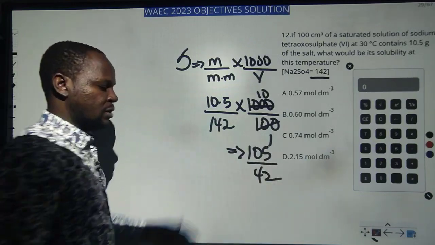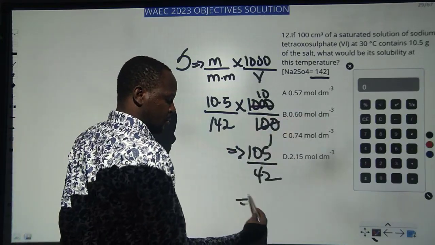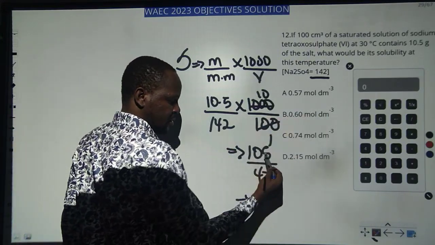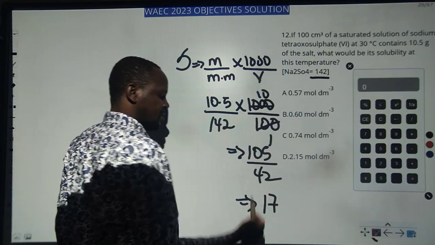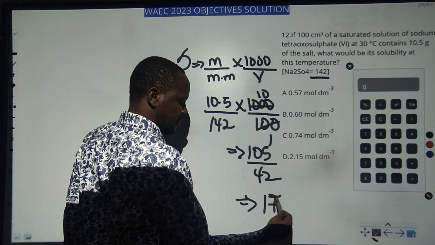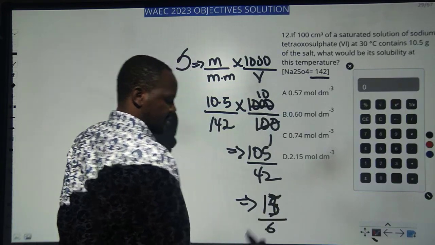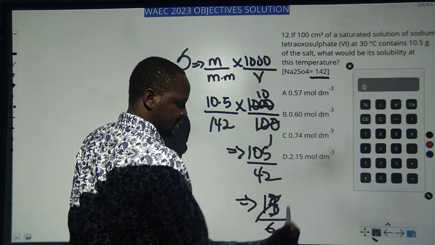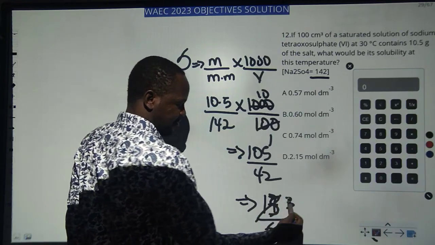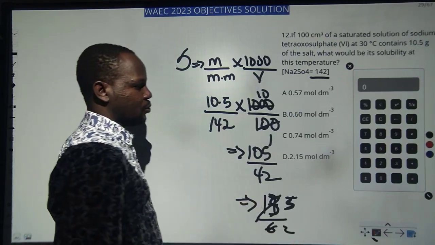Don't worry if you are not good at knowing that 7 can go into this, that is why I put a calculator. Basically 7 ones are 7, 7 sevens are 49, and I think I'm right. 7 times 5 is 35. So that should be 15 over 6. Another thing that can go is 3 here, 3 here. I'm getting 2.5.